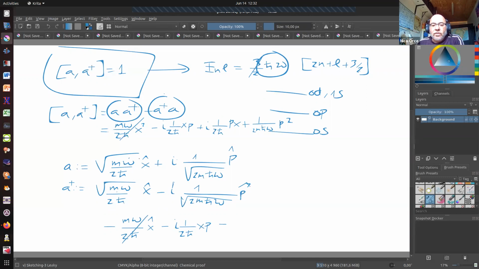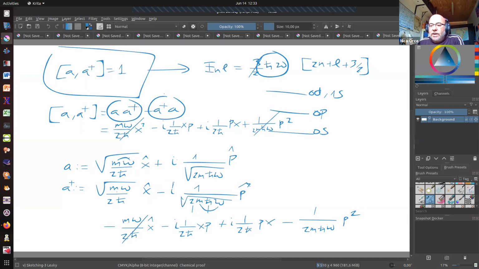This guy multiplied by this guy is now px, minus minus plus i over 2h bar, because remember that this m omega and this m omega dividing and this omega multiplying, they will cancel to 1, right? And you only have remaining the 2h bar. And then is this px, and finally this i squared is minus 1 minus plus minus is here, so minus the whole thing 1 over 2m h bar omega p squared, right?